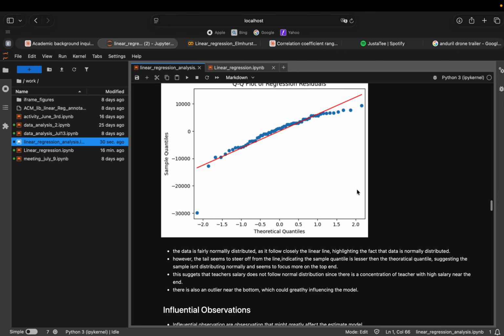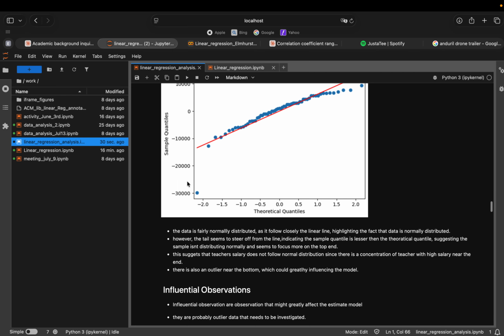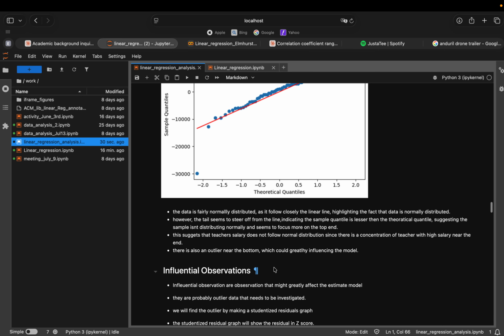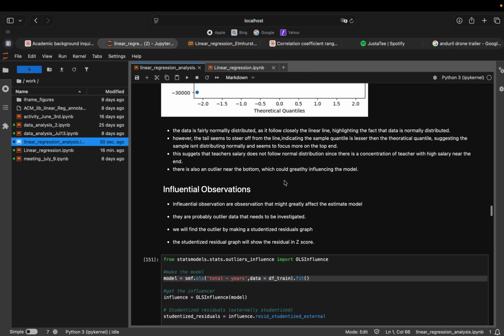So it means that the teacher's salary does not follow a normal distribution, since there is a concentration of teachers with high salary near the end, and also there's the outlier near the bottom, which could greatly influence this model later on.